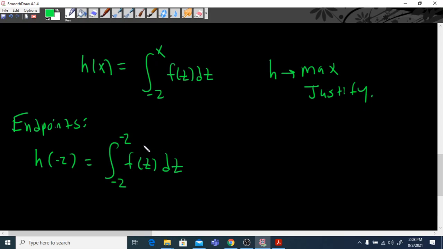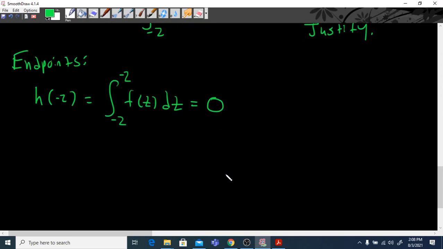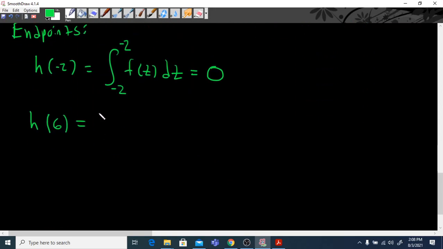Everybody in the world should know that's going to be 0. And then the other endpoint is +6, so we're going to go integral -2 to +6 of f of t dt.